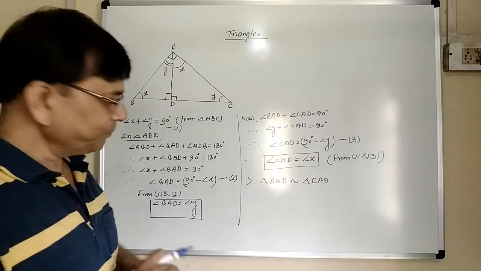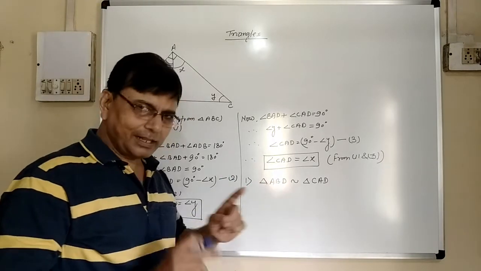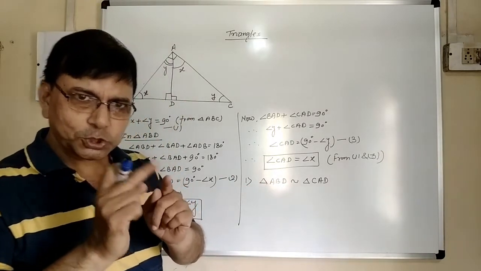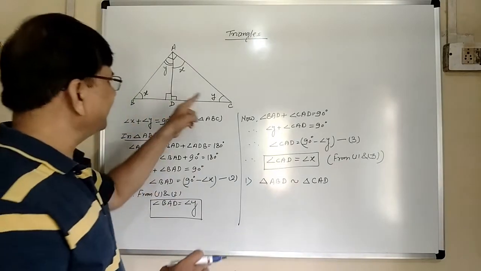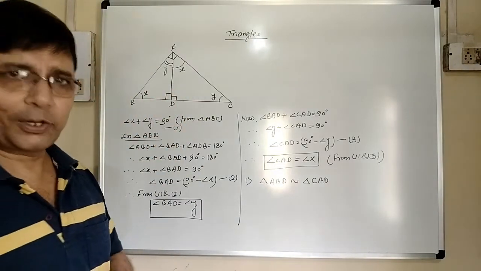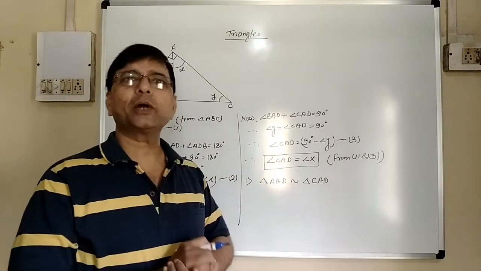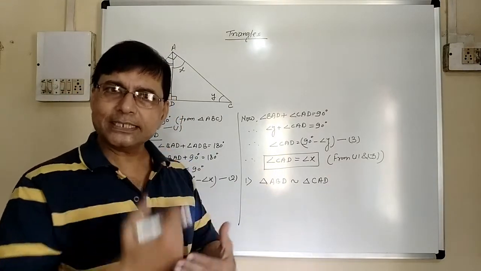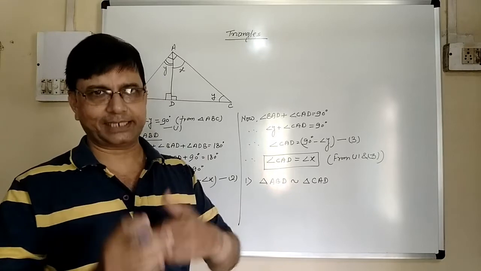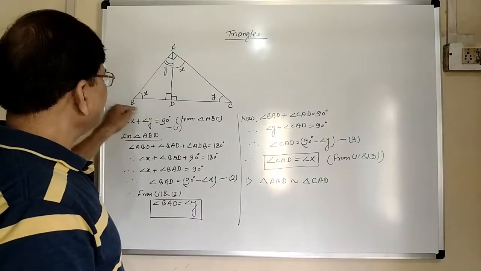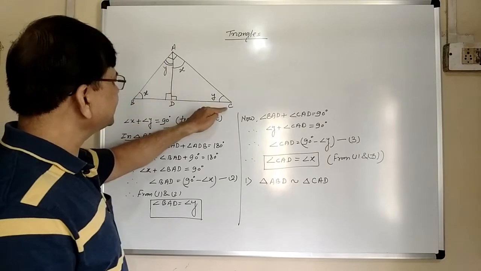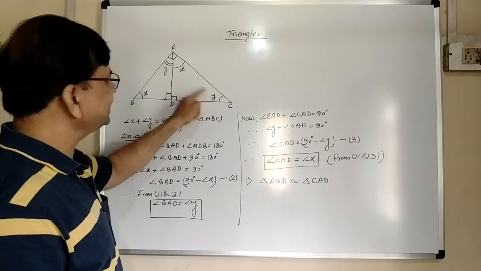While writing the triangle, those vertices should be correspondingly taken which have the same measure of angle. Are you getting my point? Then it becomes quite easy to find the ratio of the sides. Suppose A of ABD corresponds to C because the measure of angle of these two is the same.